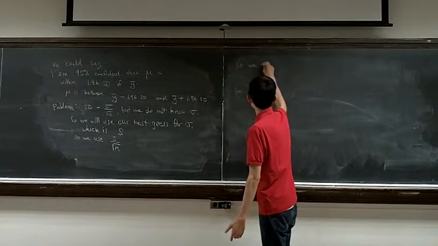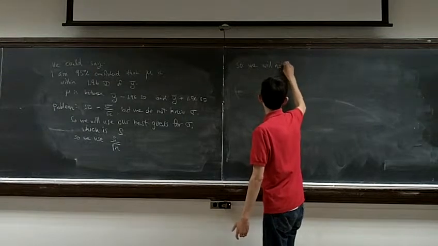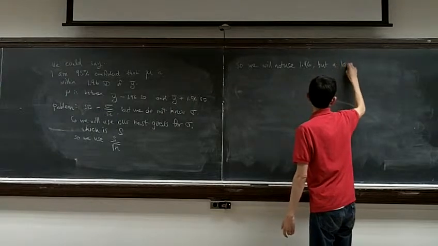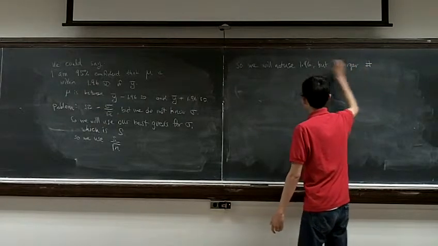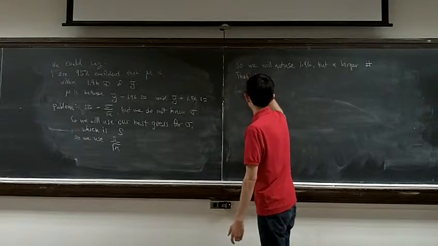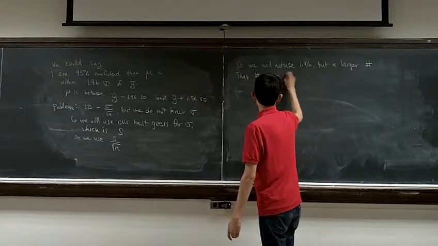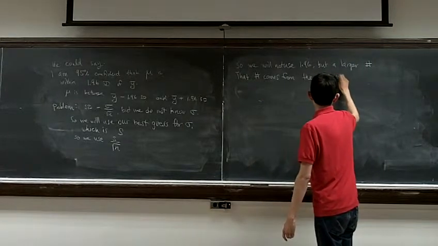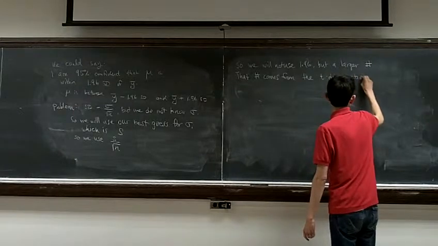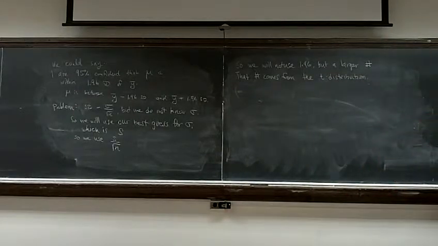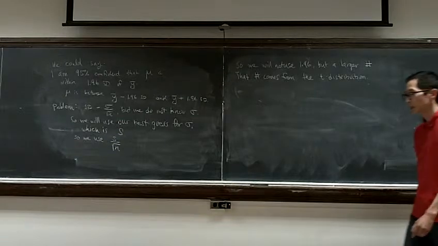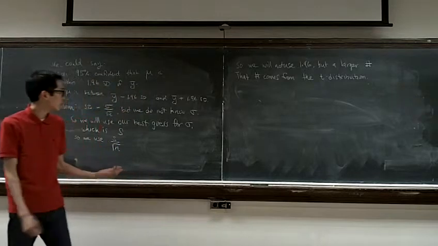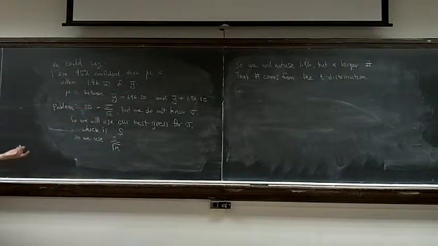So we will not use 1.96, but a larger number. And that number comes from what we call the t-distribution. The t-distribution depends on your sample size.